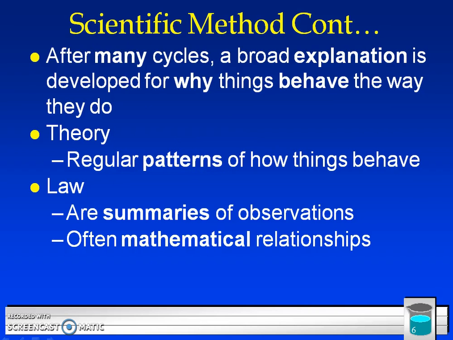After many cycles and a broad explanation, sometimes a theory develops because of the patterns of how those experiments turn out. And then a law is the ultimate goal, meaning that no matter what, it will happen over and over again.